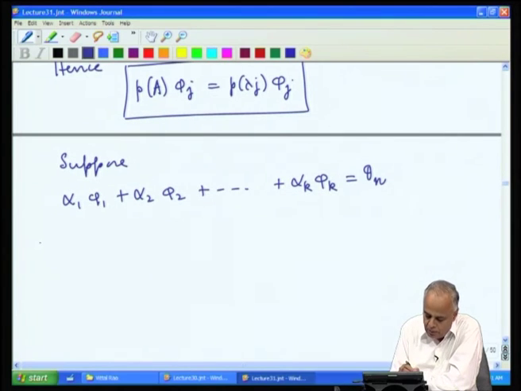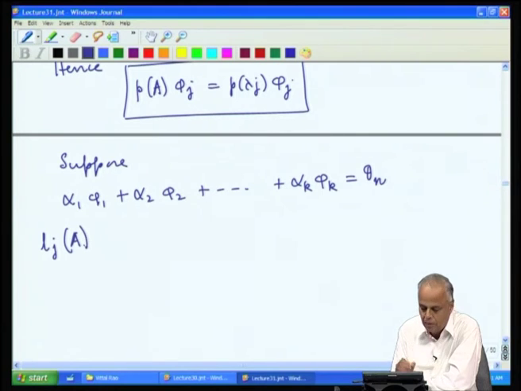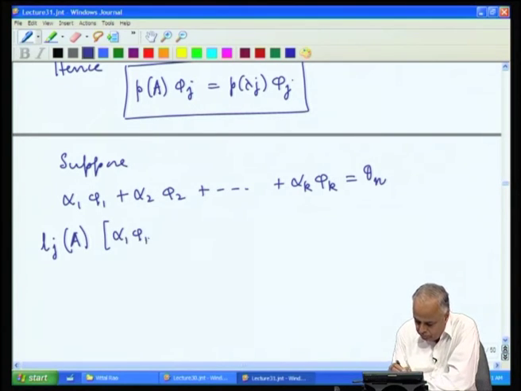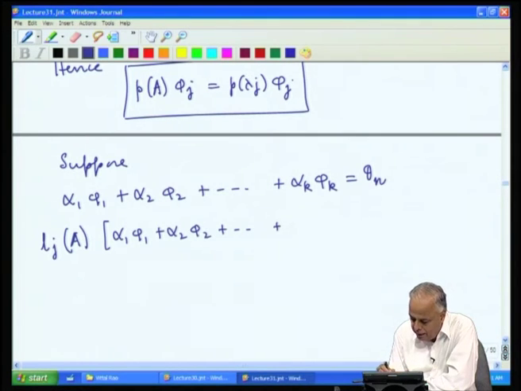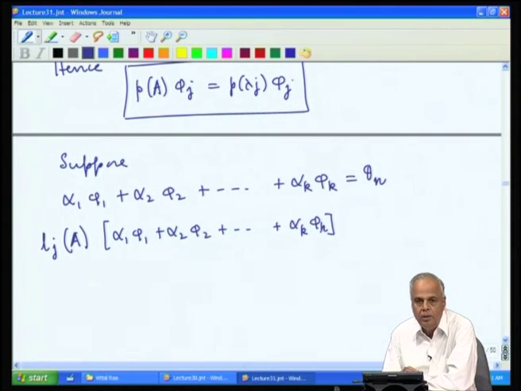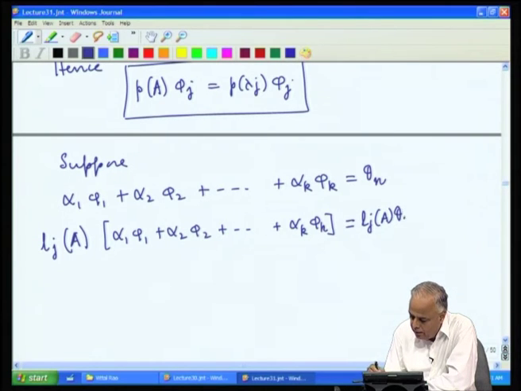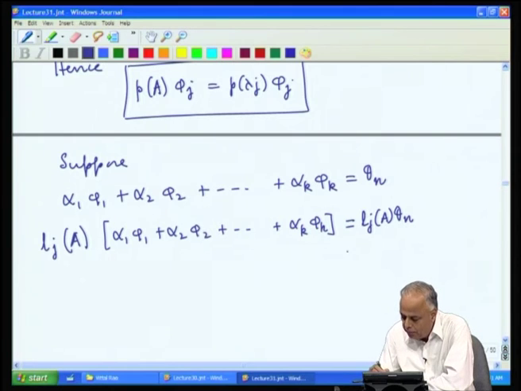Now, what we do is we multiply both sides by the matrix Lj A, where Lj is the jth Lagrange interpolation polynomial. Now, that will be Lj A into theta m, but any matrix multiplying the 0 vector gives the 0 vector.